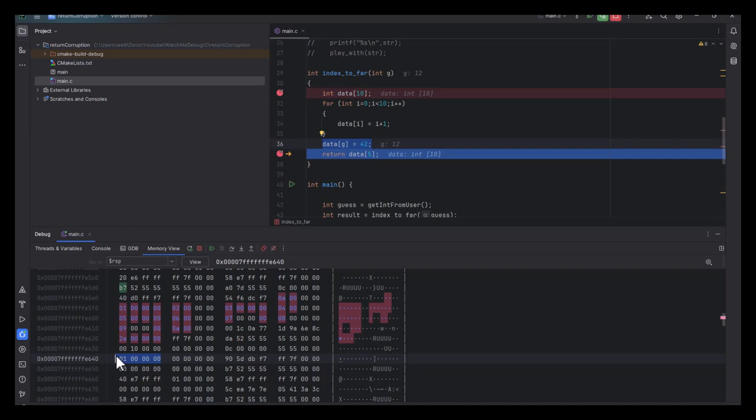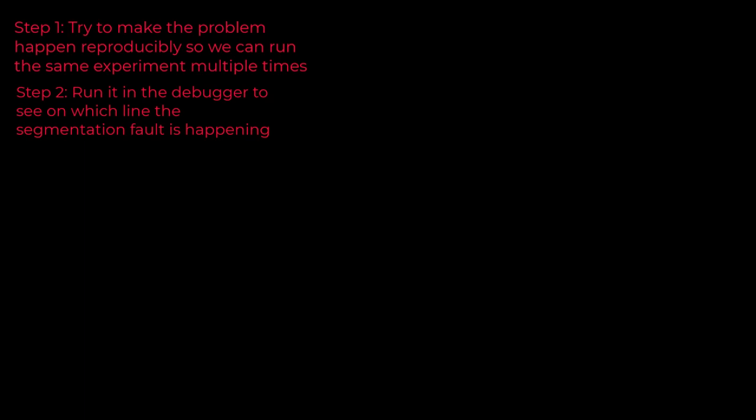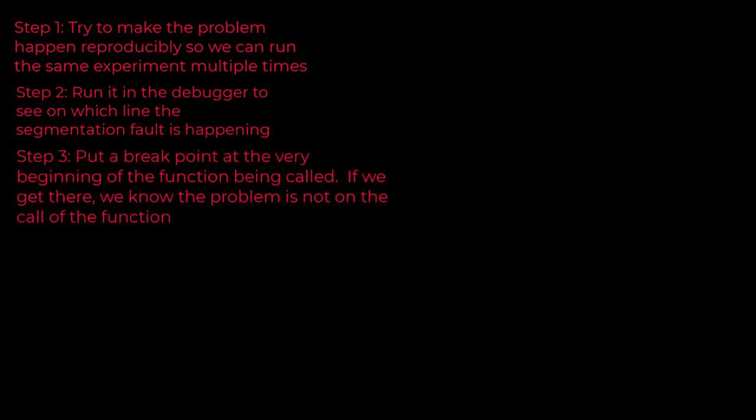So the reason 12, 13, 14, 15 happened is because they stepped on the part of the stack that holds the data that the return has to use, and made what used to be a valid pointer into an invalid pointer. So our steps to debugging a seg fault on a return are: run it in the debugger to see exactly what line the seg fault is happening on.